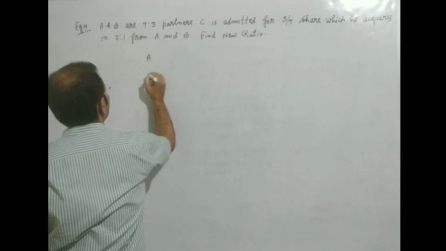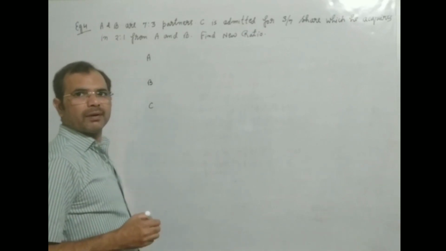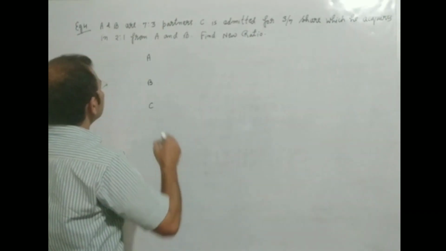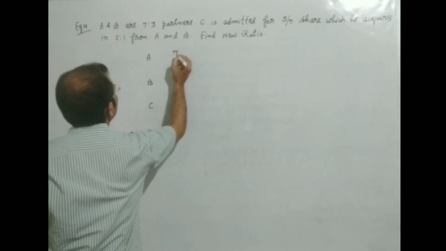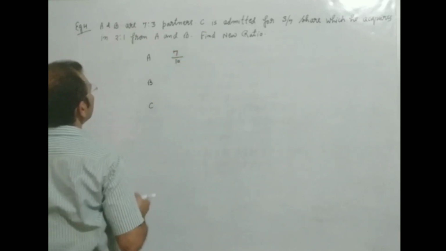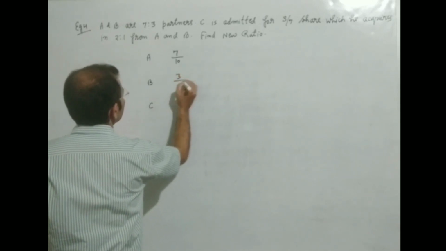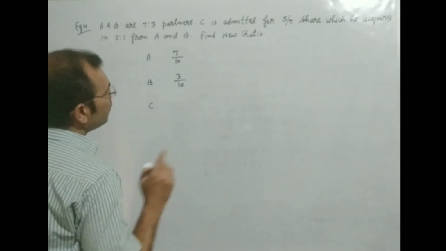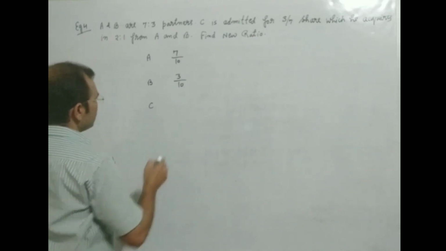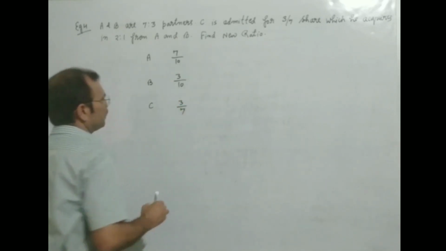A, B and C we will write, and after that what is the part of A? 7/10, and the part of B is 3/10, and C will get 3/7 part as it is written in the question.